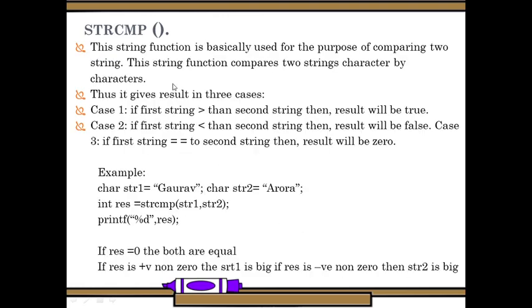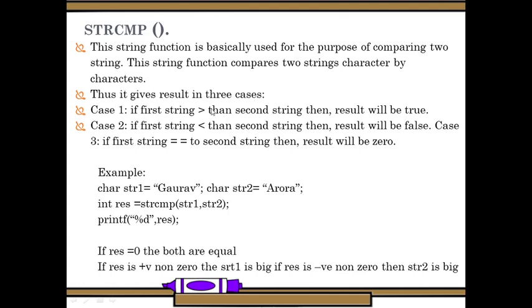And then, most important, we are using string comparison, strcmp. This string function is basically used for the purpose of comparing two strings. It compares the two strings character by character. Thus it gives the result in three cases.